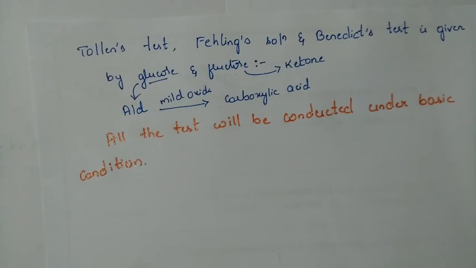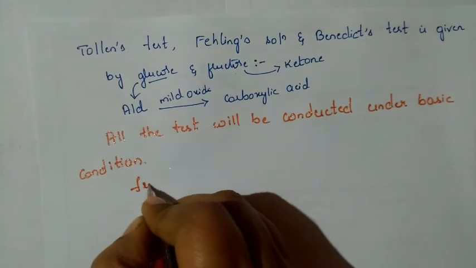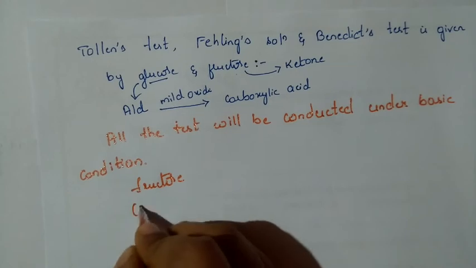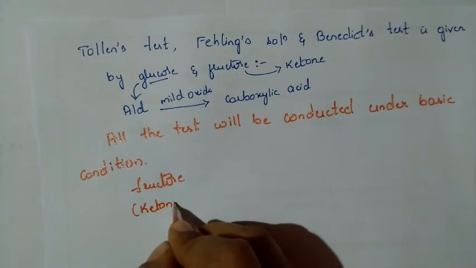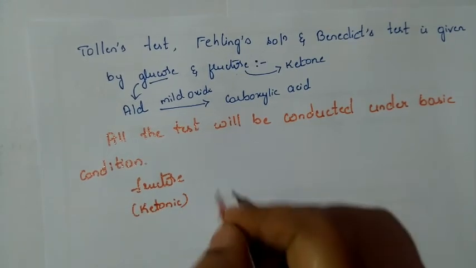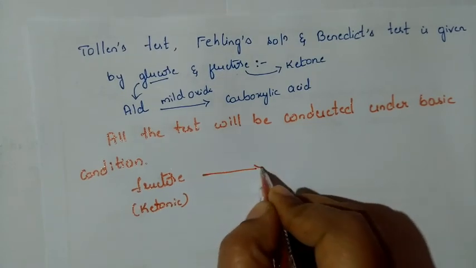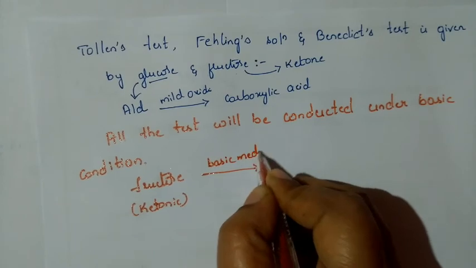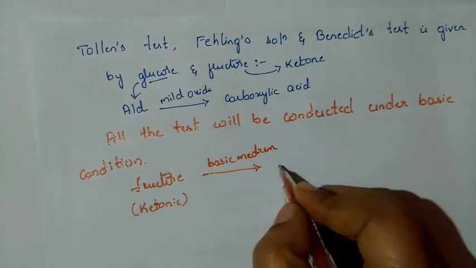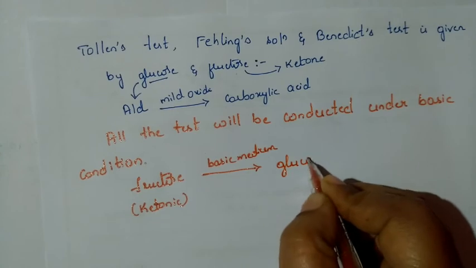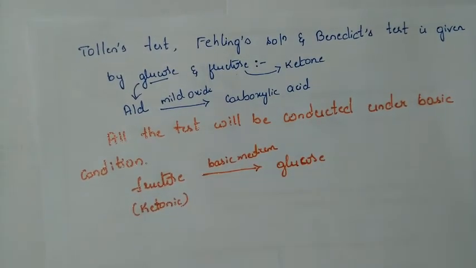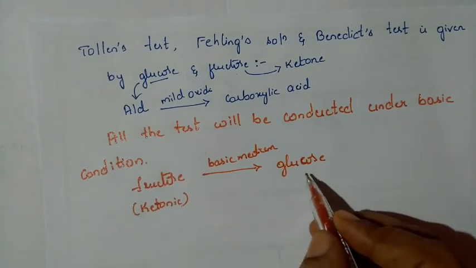That means fructose, which contains a ketonic group, in the presence of basic medium is converted to glucose.